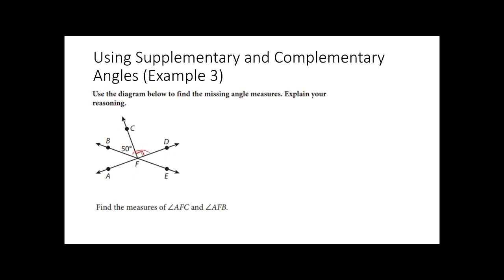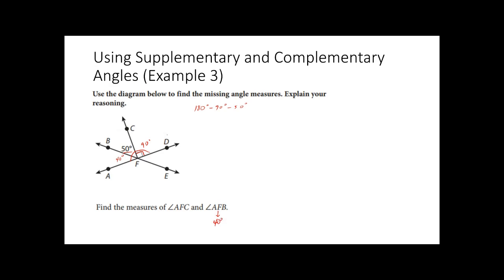So this whole guy should be 180 degrees. We have 90 here. They give us the 50 here, which is very useful. So what's 180 minus 90 minus the other 50? You should get 40. And that'll be the angle for AFB. Okay, so AFB should be 40 degrees.